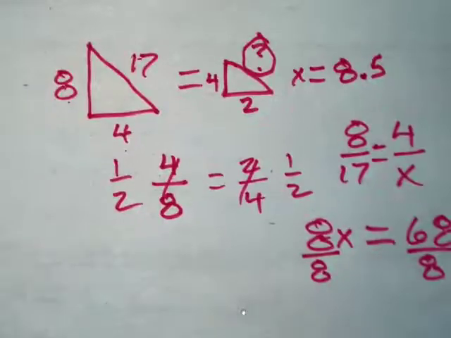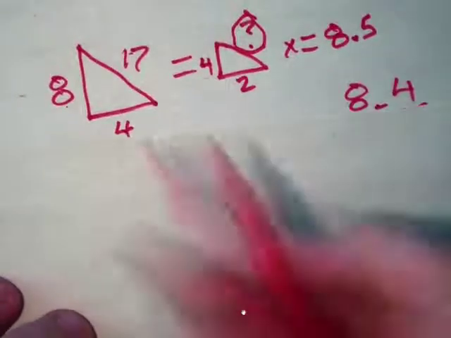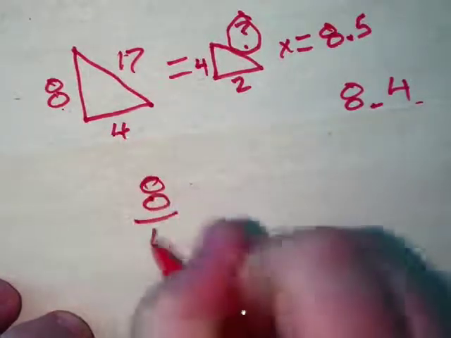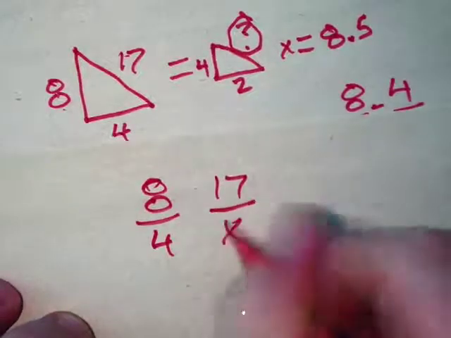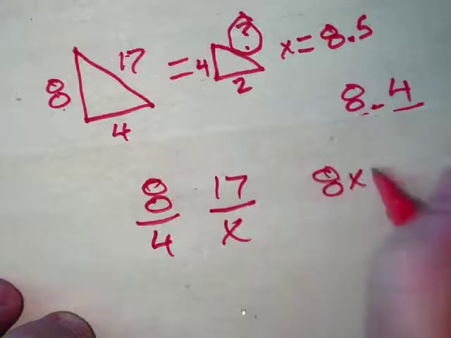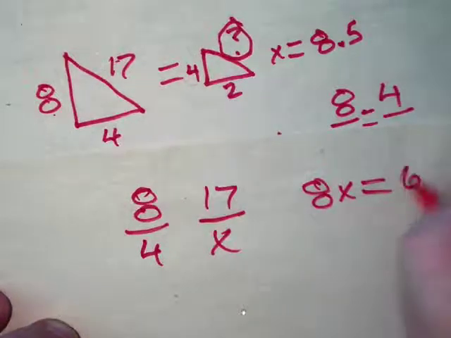Now, there are many different ways to do that. You could say, all right, well, 8 compared to 4. 8 to 4 is the same thing as 17 to x. And then you solve, and 17 times 4 will also give you 68, so 8x equals 68.